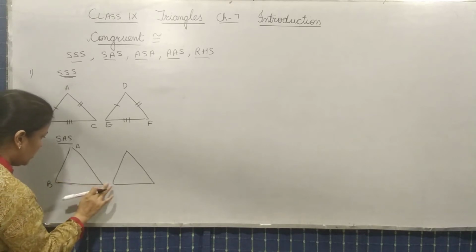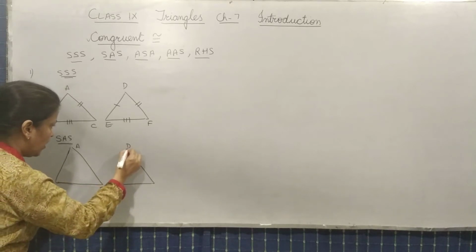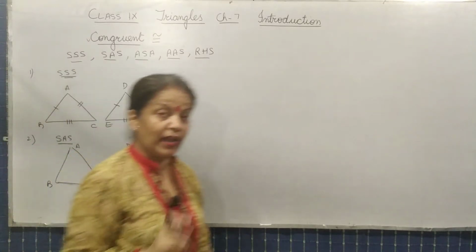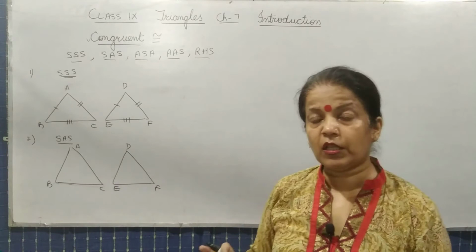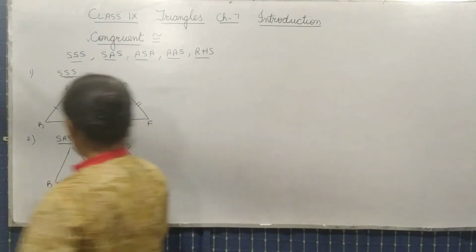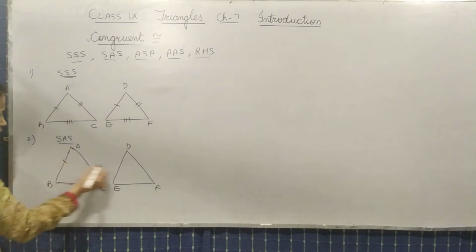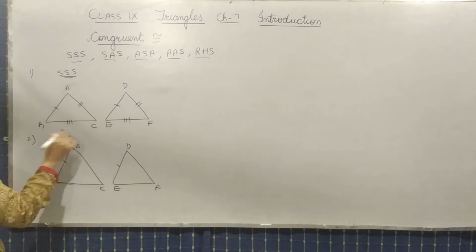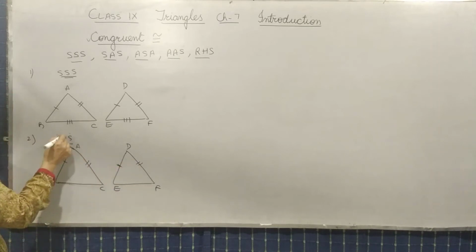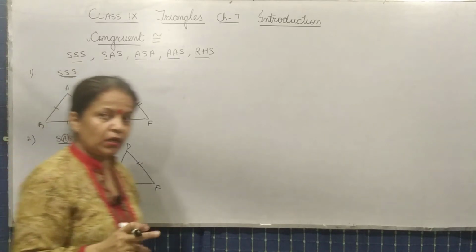Triangle ABC and triangle DEF. As the name suggests here, SAS means side angle side. Two sides, and if you observe, this angle is in between the two sides.